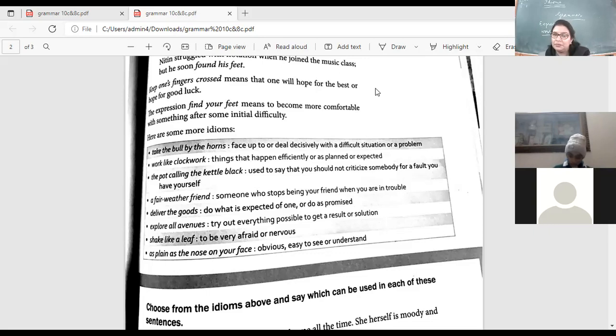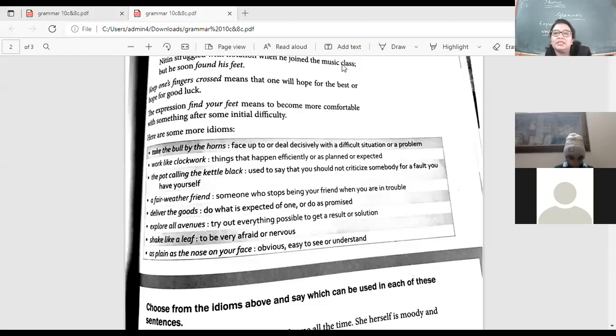Okay. Can you make a sentence with this? This is simple. The pot calling the kettle black. You have a fault yourself and you are taking out faults in others, right? Yes.